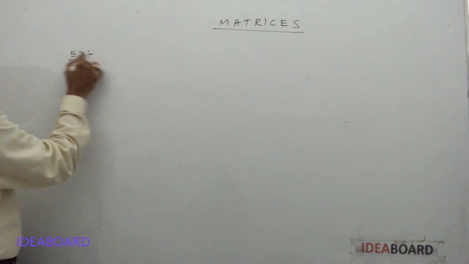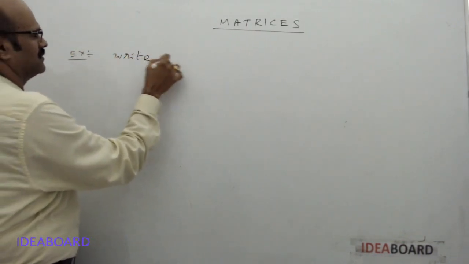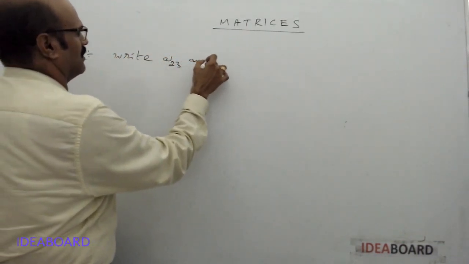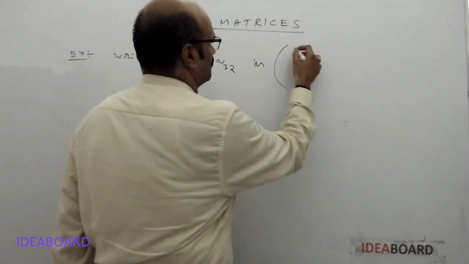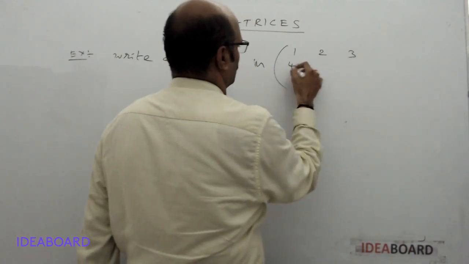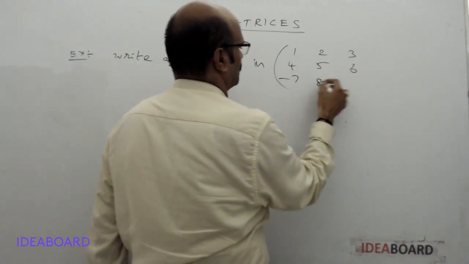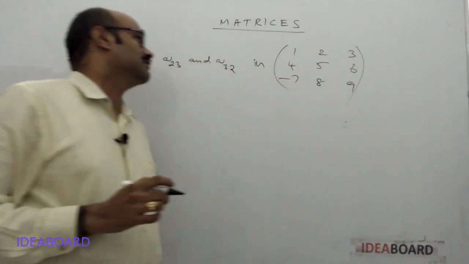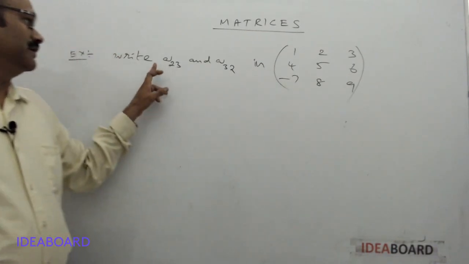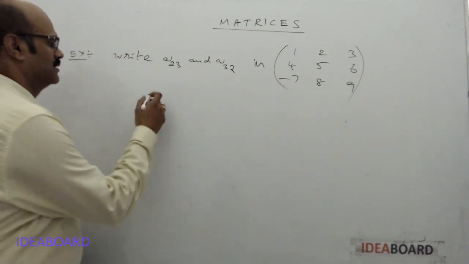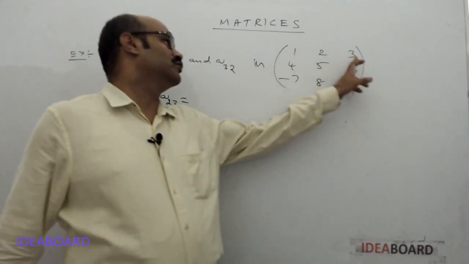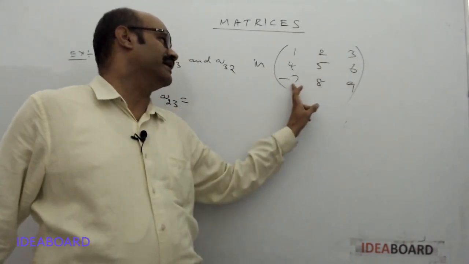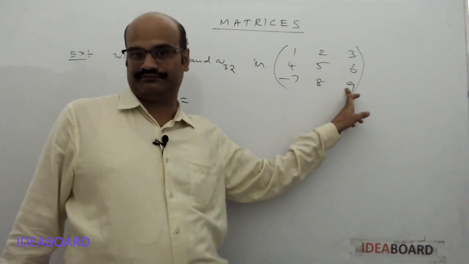Example, write A23 and A32 from the matrix 1, 2, 3, 4, 5, 6, minus 7, 8, 9.